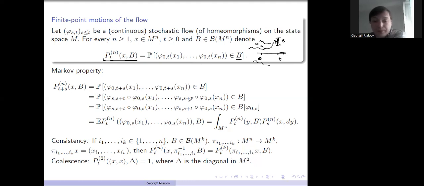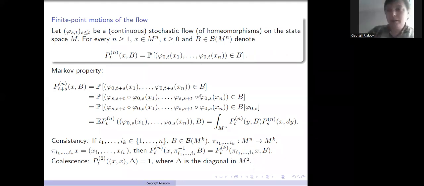This follows from the flow property and from independence and stationarity of distributions of phi. Indeed, if we look at the probability P_n(t+s, x, B), this is the probability that x1, ..., xn in time t+s will be in the set B. Then we have the flow property, so each mapping phi_{0,t+s} we can write as a composition, phi_{0,s} and phi_{s,s+t}.